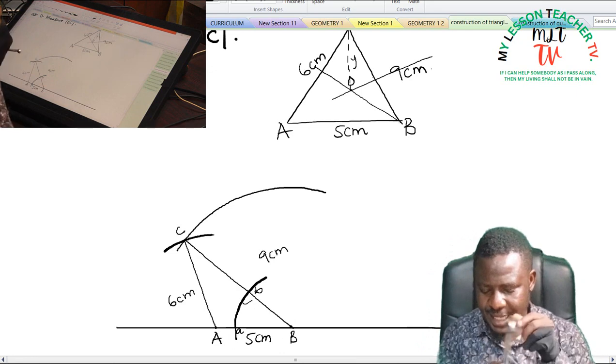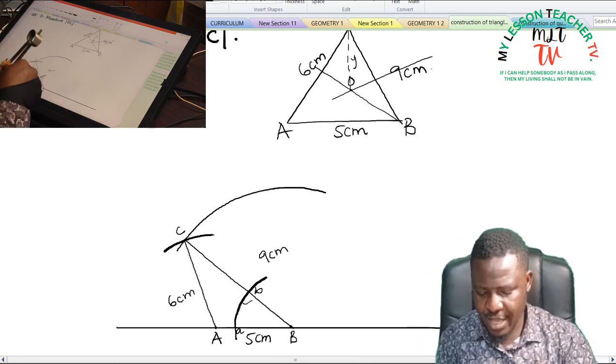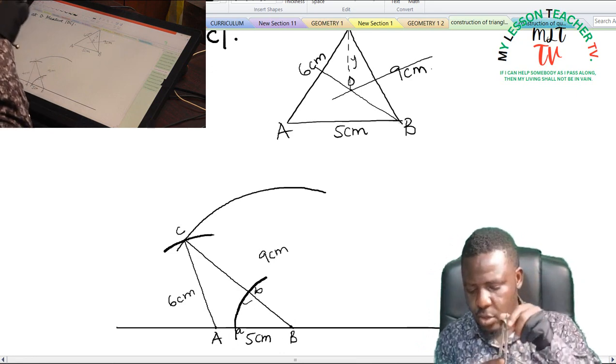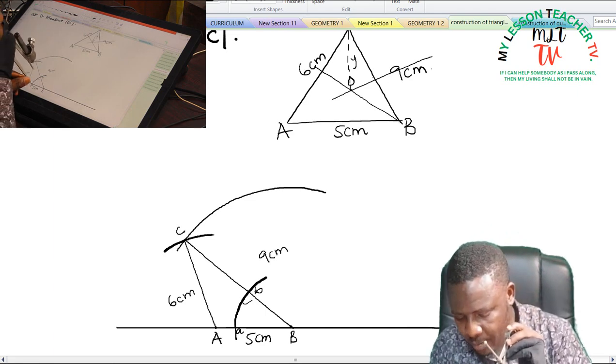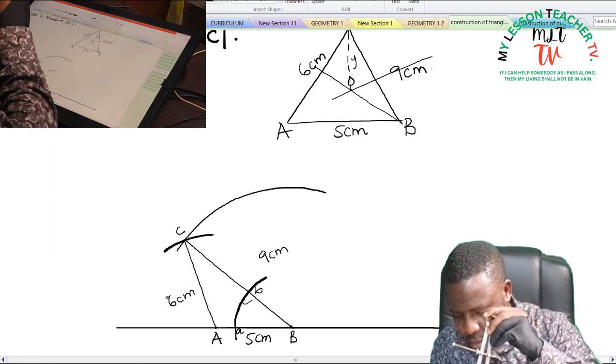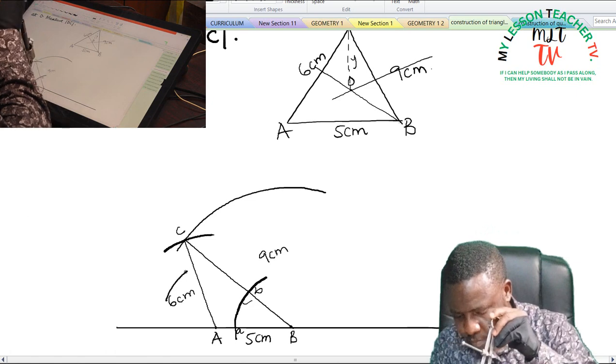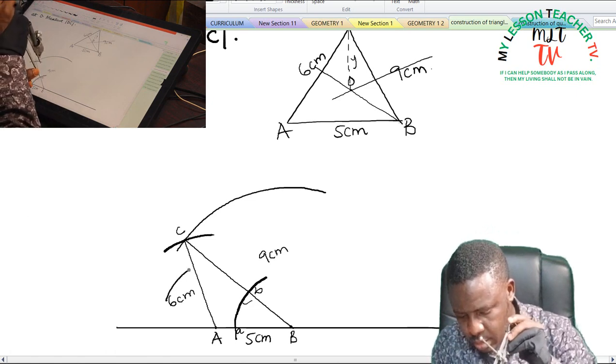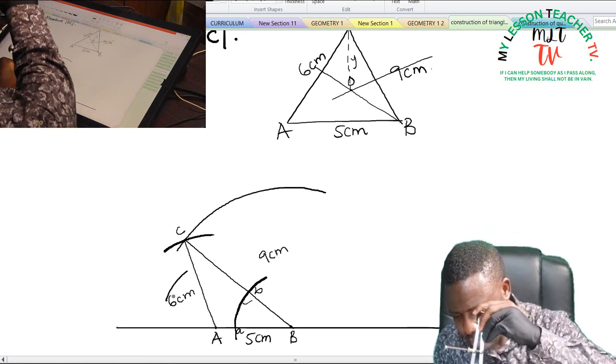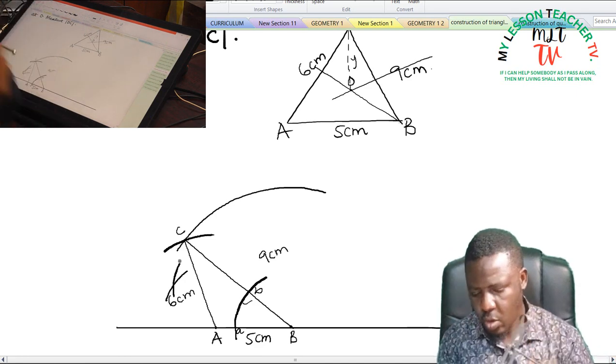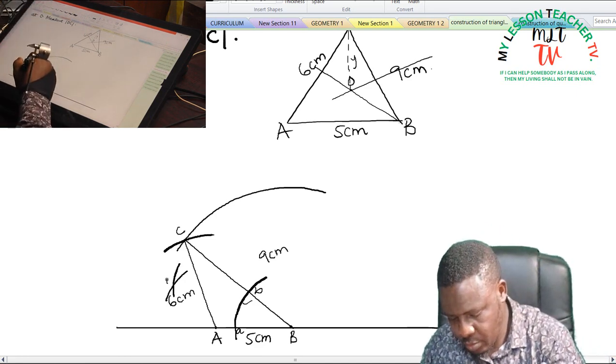With A and B as centers and radius greater than half AB, you construct an arc this way and this way. Call that point C, small letter c.